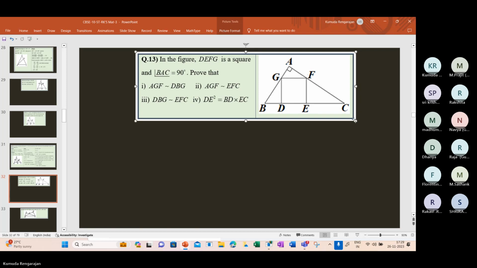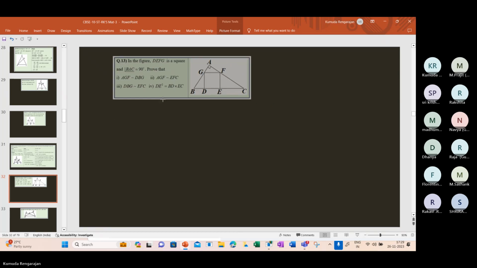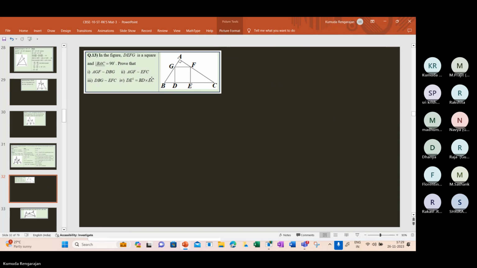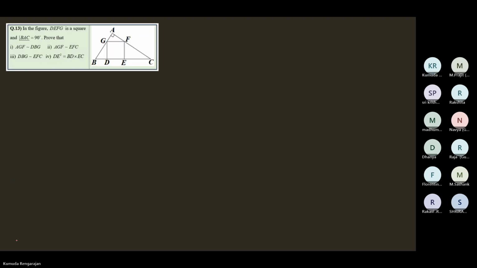So this one. Nothing, children. Here, we'll have to prove that this triangle is similar to this triangle, and this triangle is similar to this triangle.